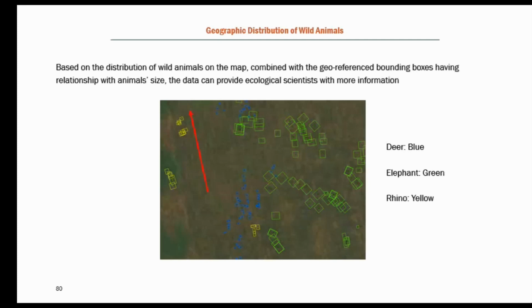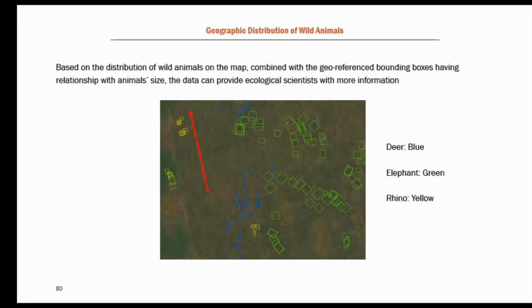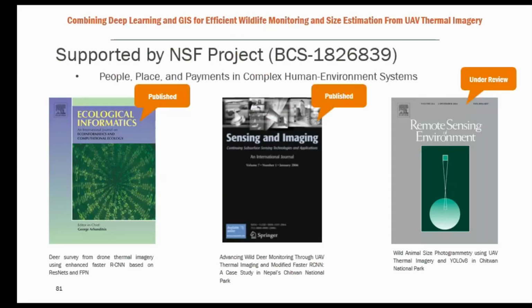If we add the timestamp information on a map based on the bounding boxes, we can predict the migration direction of wild animals. My research is supported by NSF and the project based on this support. I also published some papers. That's all.